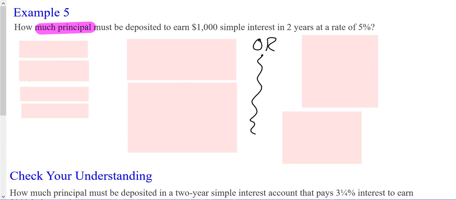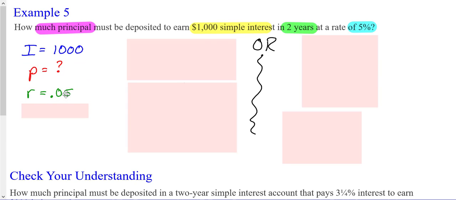We're looking for our principal, which must be deposited to earn $1,000 in simple interest in 2 years at a rate of 5%. So when we identify our variables, we know our interest is 1,000. We don't know what our principal is. That's what we want to find. Our rate is 5%, so in decimal form it's 0.05, and our time is 2 years.